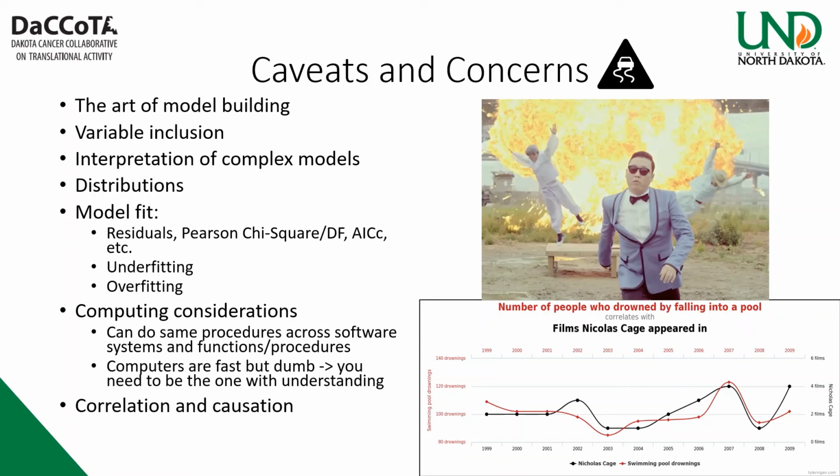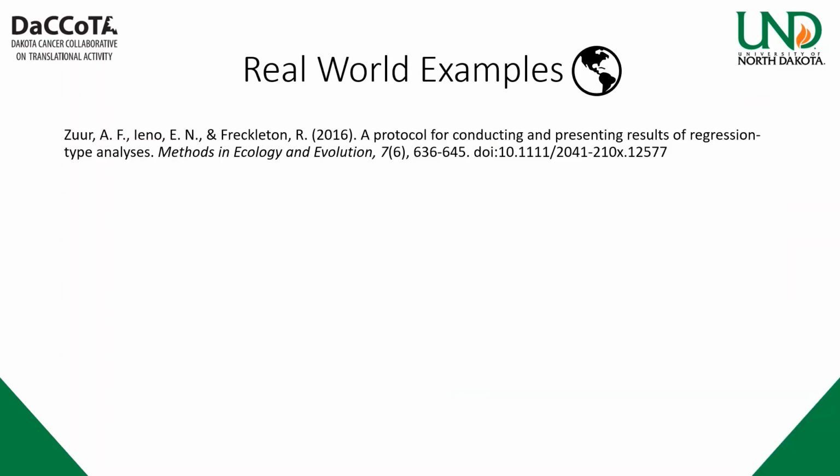There's a correlation, but we're in no way saying that Nicolas Cage's films caused people to drown. You have to do more work to get at the underlying causation if there really is something there. Correlation by itself does not imply that. So there's my little obligatory comment on that. I want to leave you here with some real-world examples.